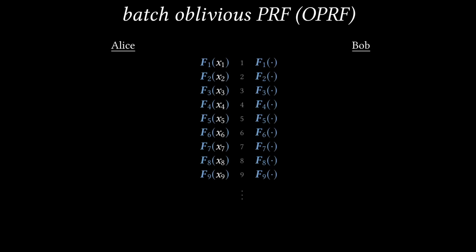Alice learns only one output from each f_i, corresponding to her selection string x_i. Bob learns nothing about Alice's choice of selection strings, and Alice learns only one PRF output per slot. Because these are PRFs, any other outputs of these f_i will look random to Alice.